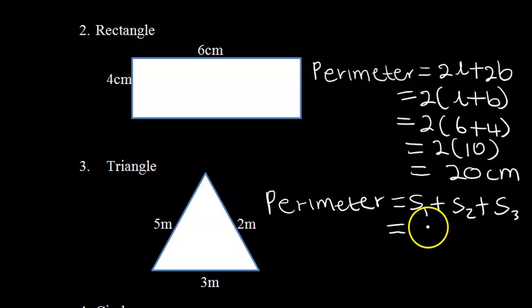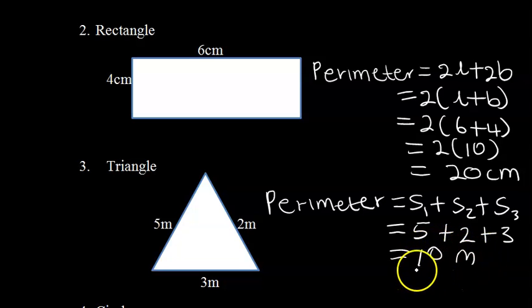You can select any side and say it's the first side. Let us say the 5 meter is going to be the first side. The 2 meter is going to be the second side, and then the 3 meters is going to be the third side. Okay, 5 plus 2 plus 3, that is what? That is 10 meters.